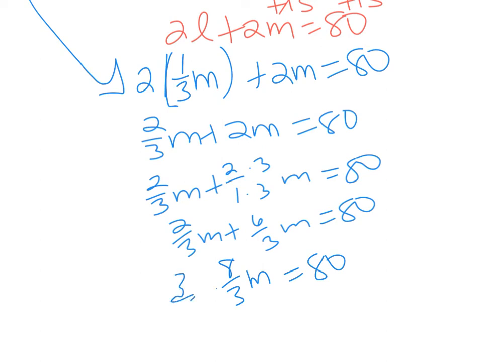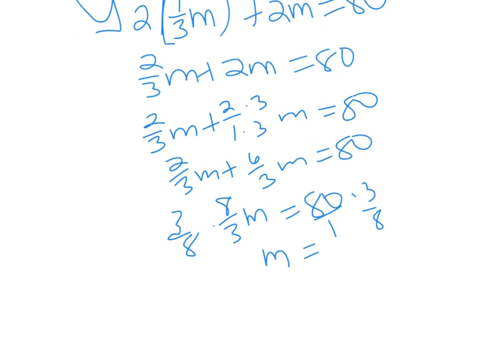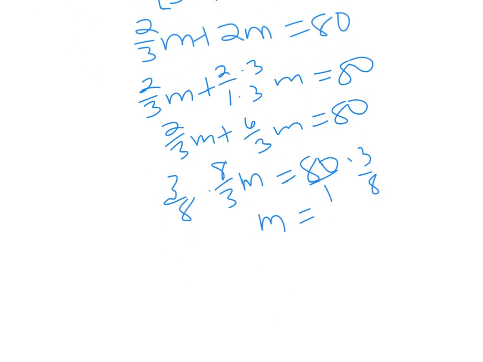So times 3/8, times 3/8. This will just give you 24/24, which is 1M. And over here, I make this a fraction, and that will give me 240/8, which is 30. So we got M equals 30.